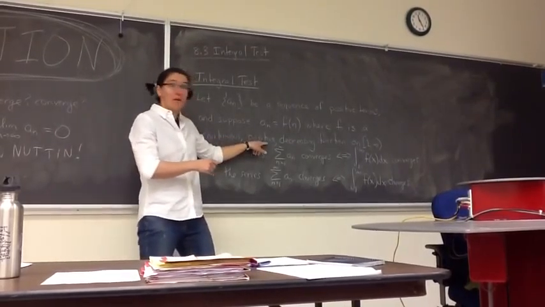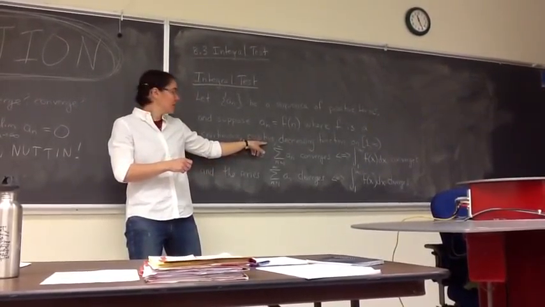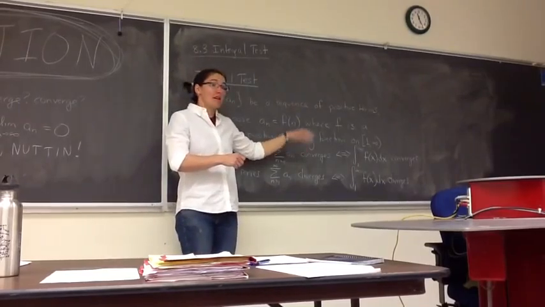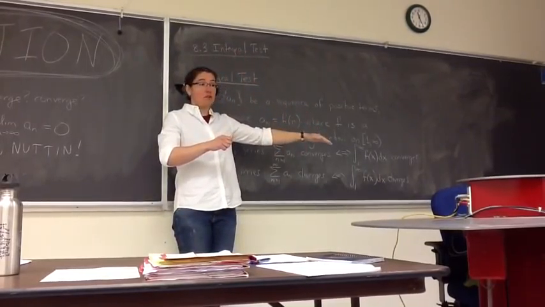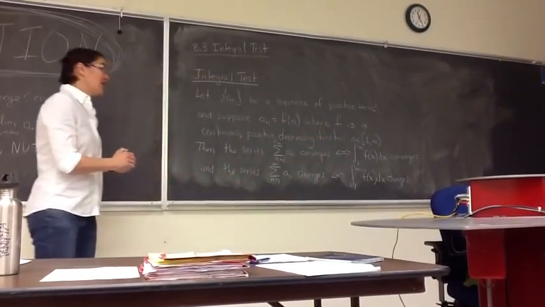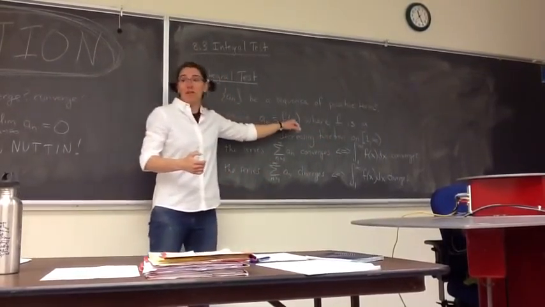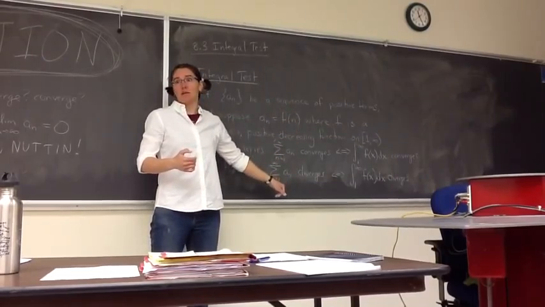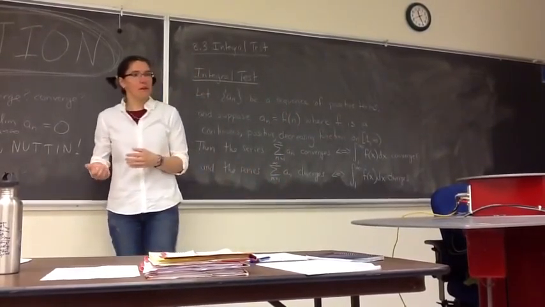That function must always be above the x-axis. That function must be a decreasing function, meaning a function that's going downhill. So not every sequence can we do this. And so this test is not always going to work for us. It only works in very specific cases.